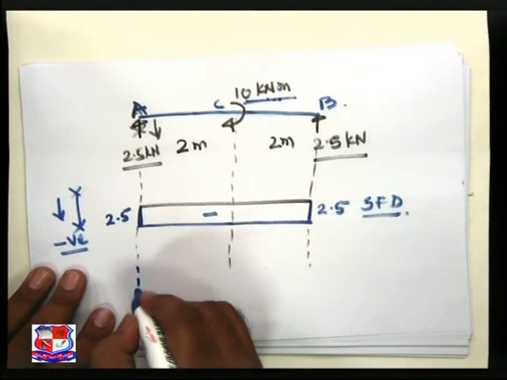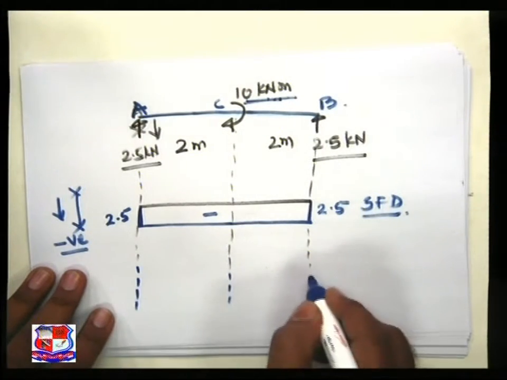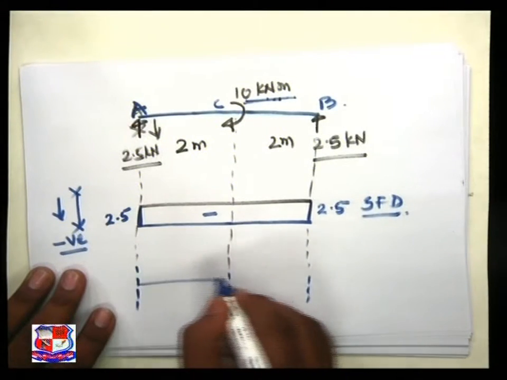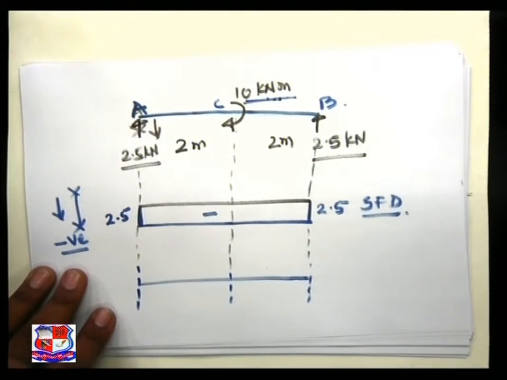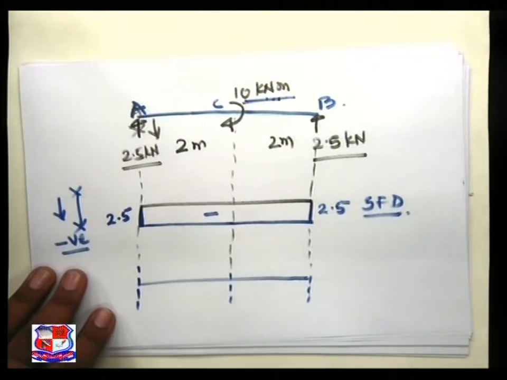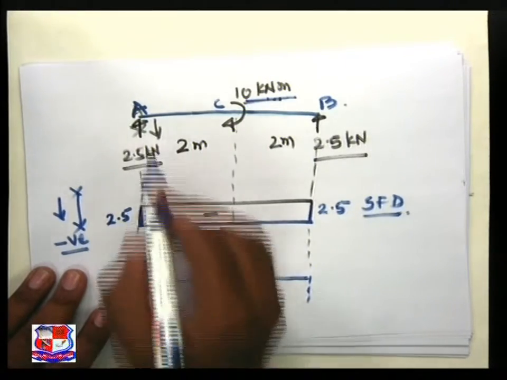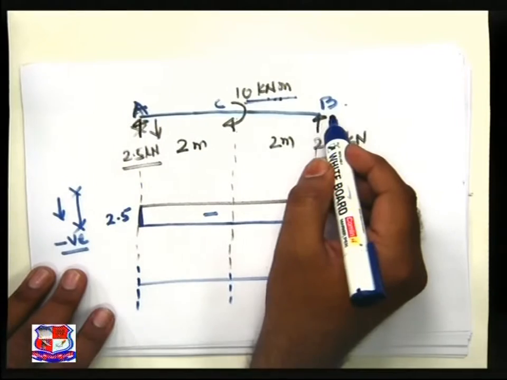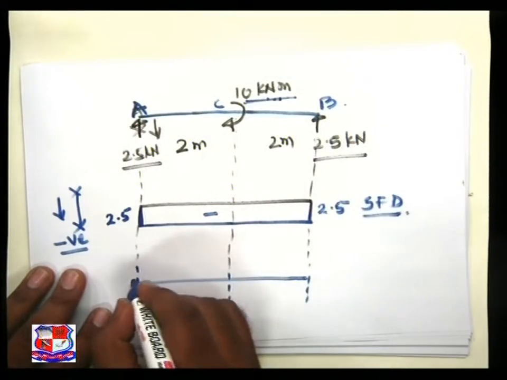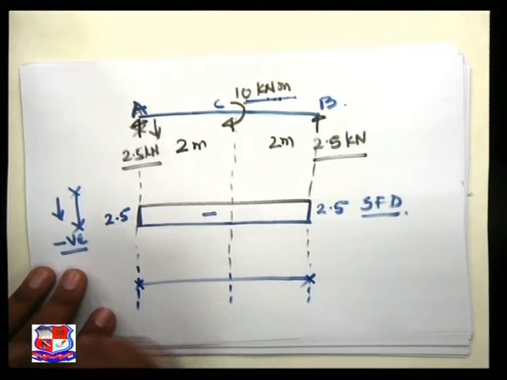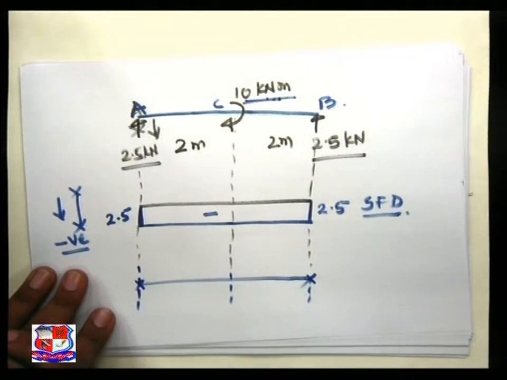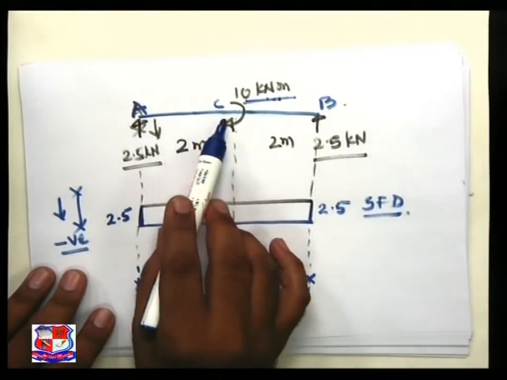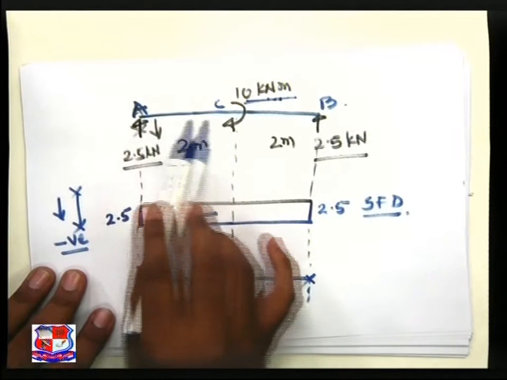Next let us go for the bending moment diagram. Baseline. At the support, the value of bending moment itself is 0. Between A and C there is no load.